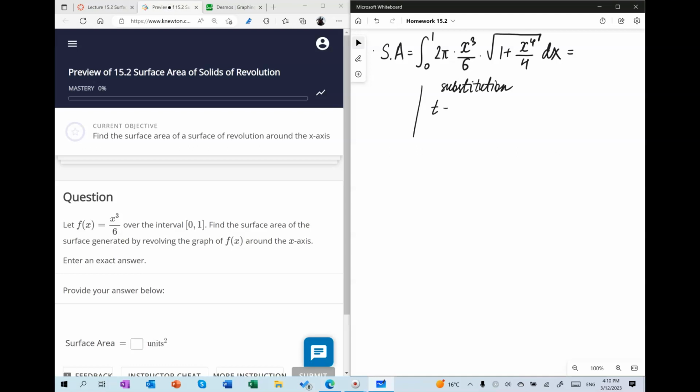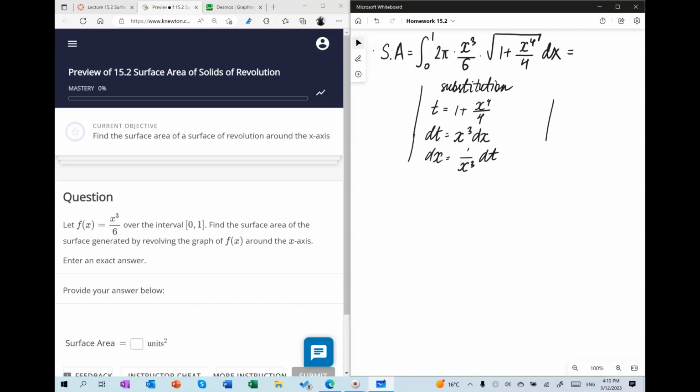And the substitution, the new variable will be t, and we're going to take inside of the radical and set it to be the new variable. So dt will be x cubed dx, meaning that instead of dx, we can write 1 over x cubed dt.